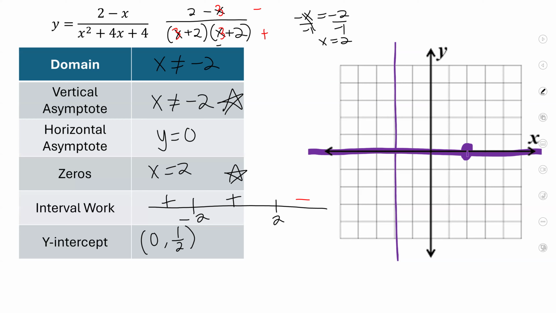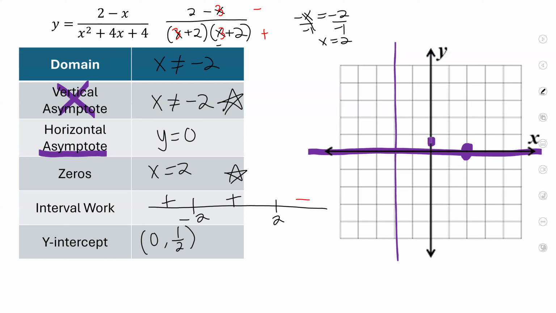You can cross a horizontal asymptote, but you cannot cross a vertical asymptote. So that's where my 0 is. I'm not always going to cross it. I'll show you what this looks like. Then my y-intercept is at 0.5, so right there.